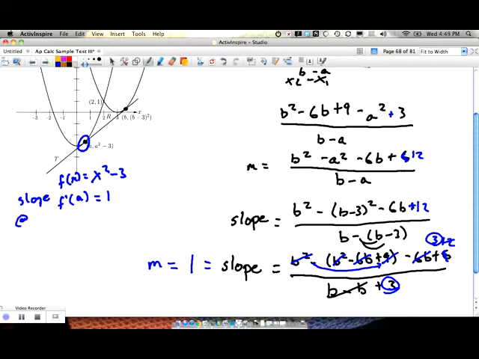And I also know what f prime of a equals in terms of just algebra, because f prime of x equals 2x, so f prime of a equals 2a. So then what is a? Well, if I solve this piece here, divide by 2 on both sides, 1/2 equals a.